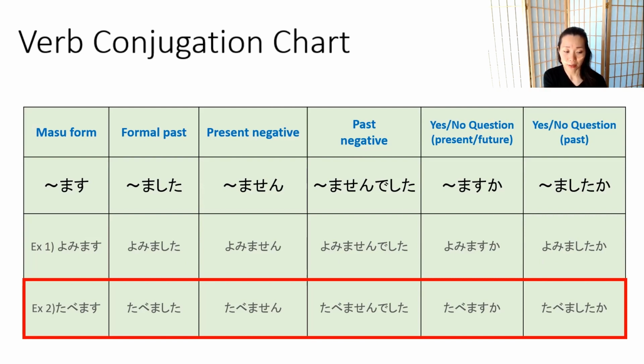はい、じゃあ次。To eat is 食べる in dictionary form, but I didn't include the dictionary form in this one. We are working on just the ます form because that's the way it is conjugated. So ます changes to ました。Formal past, 食べました。Then present negative would be 食べません。Past negative, 食べませんでした。So you keep the 食べ part, the stem. And then 食べますか is a question. Then 食べましたか, like did you eat? So that's the question, and the ending is か。Let's practice pronunciation.